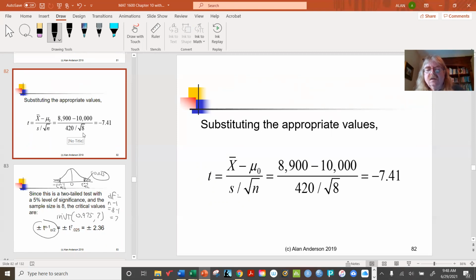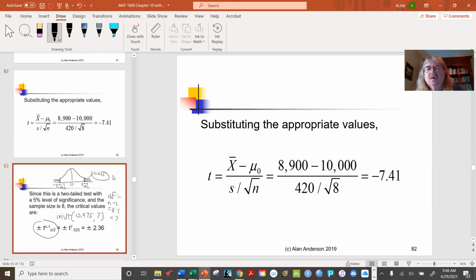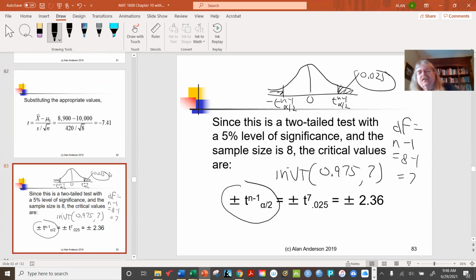We also know that it's a 5% level of significance and the sample size is 8. So on the slides here, I put in the information for INV.T. Just be aware that you've got 0.025 in either tail. With the INV.T function, what you can do is put 0.975 because that's everything below this, and 7 degrees of freedom because n is 8.